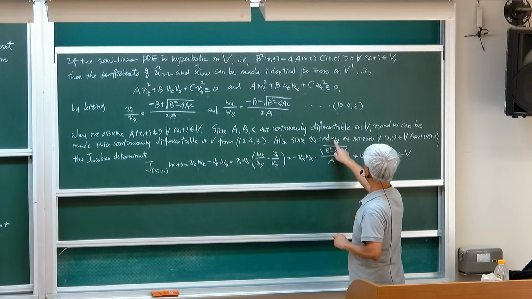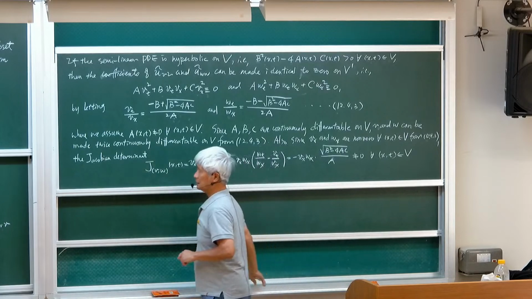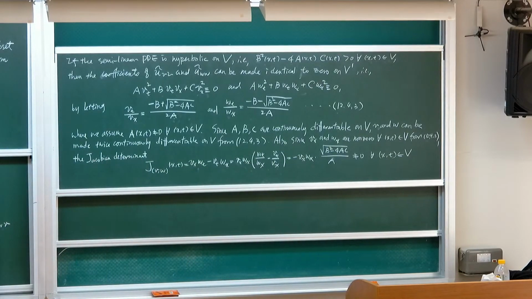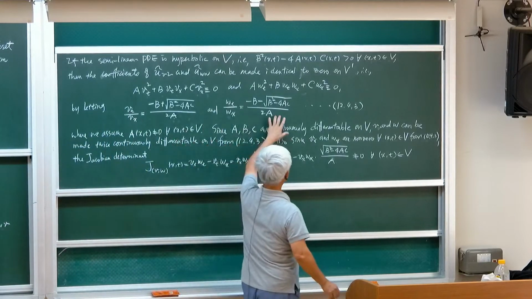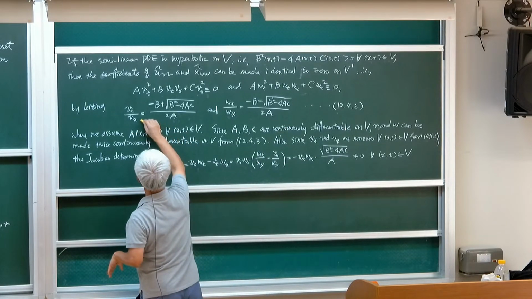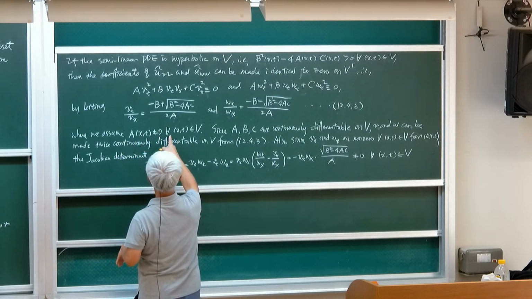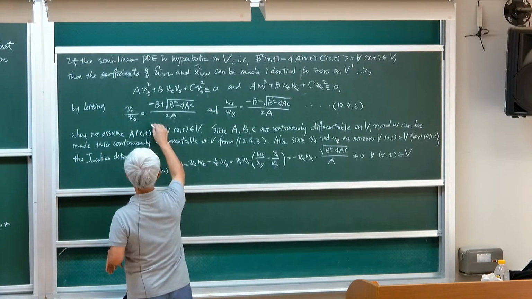Because, I have to say, when we write down this ratio, we assume that they are non-zero. Here we assume non-zero, or maybe I will write down non-zero.